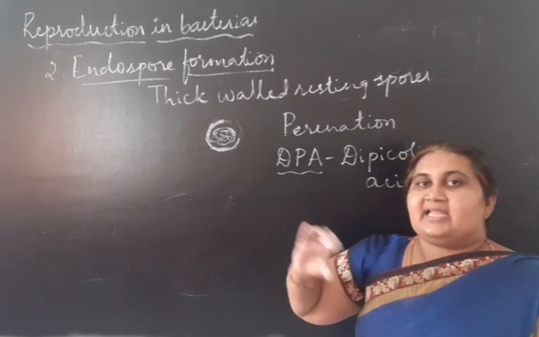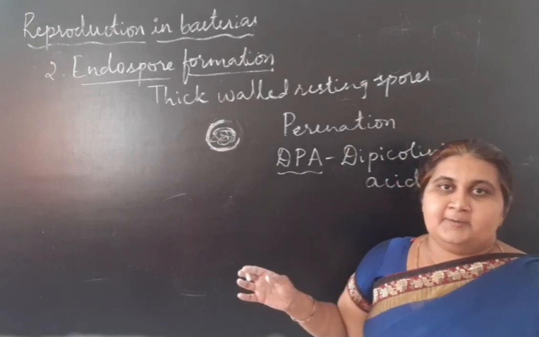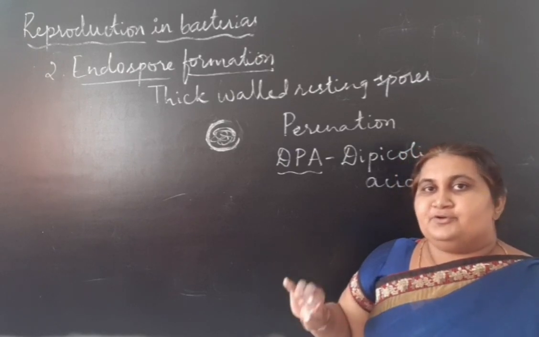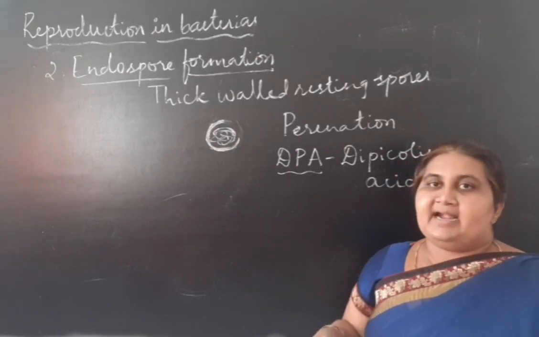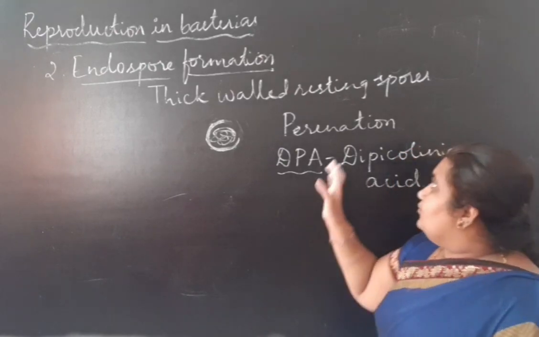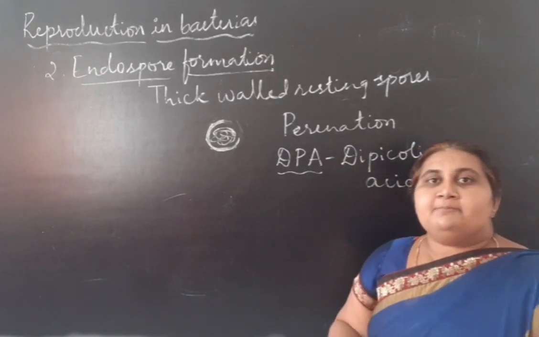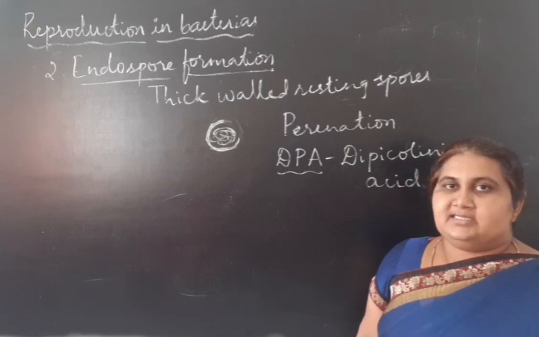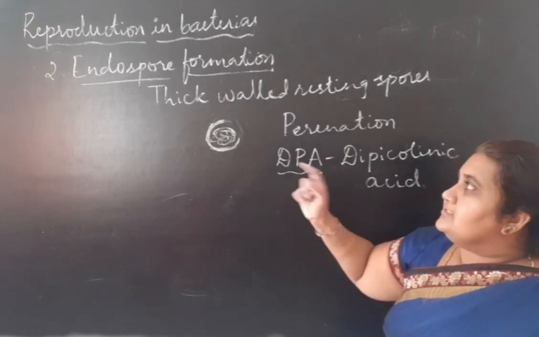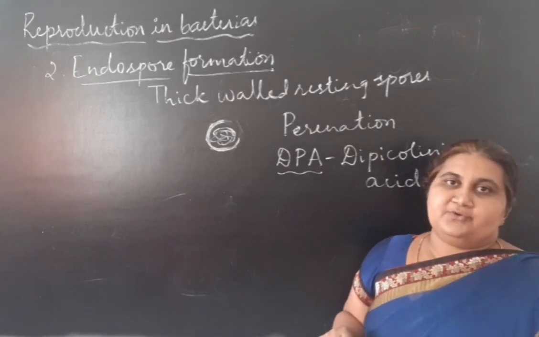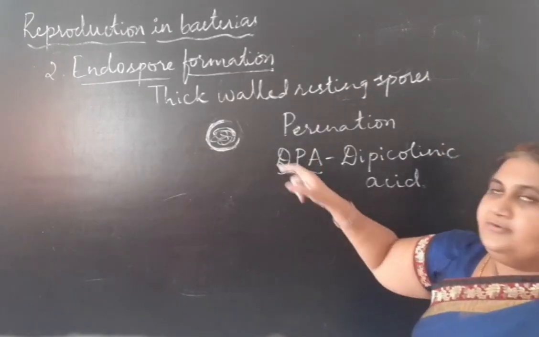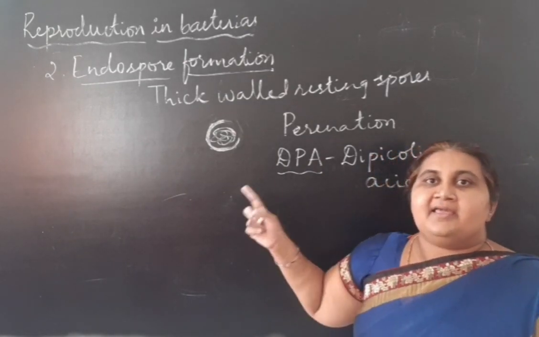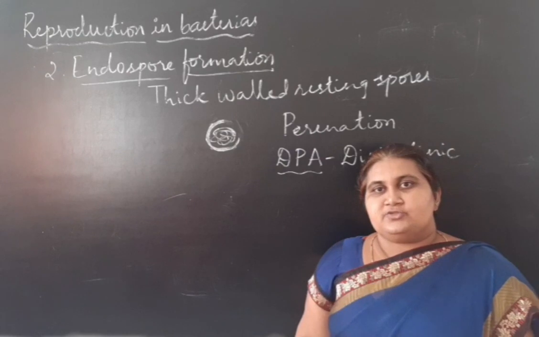It can be carried by the air, and when it falls on a suitable place, it produces a new bacterial cell, and it is a mode of perennation, a means of survival during unfavorable conditions. So this is called endospore. It is produced inside a bacterial cell, hence it is called endospore.